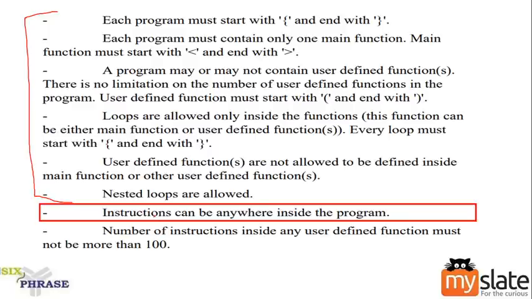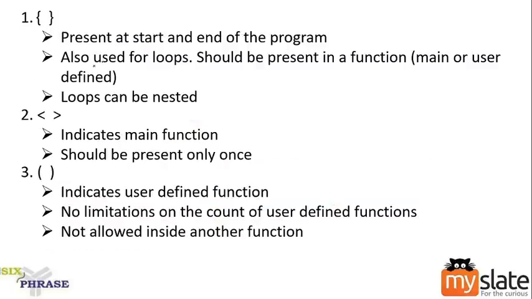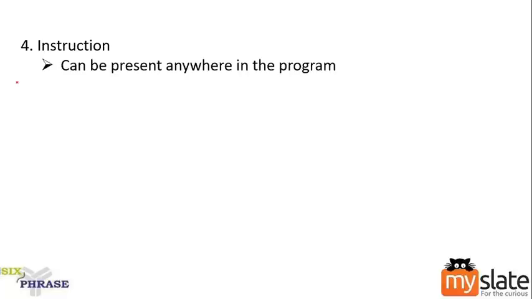So what do they say about instruction? It can be anywhere inside the program. So apart from these three parts, we have a fourth part which is instruction. Clear? And this instruction can be present anywhere within the program. Within the program, remember that, not outside the program. Inside our program, it can be anywhere.